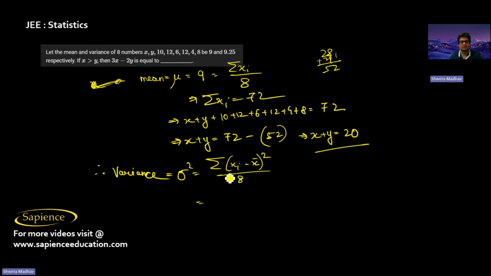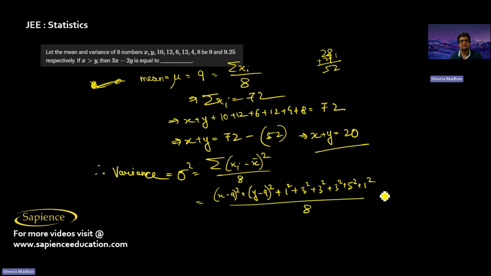This will be equal to x minus 9 whole square plus y minus 9 whole square plus 10 minus 9 whole square, that is 1 square, plus 12 minus 9, so 3 square. So 6 minus 9, so 3 square. 4 minus 9 again, 3 square, plus 4 minus 9, 5 square, plus 8 minus 9, that is 1 square. That divided by 8 is given as 9.25.